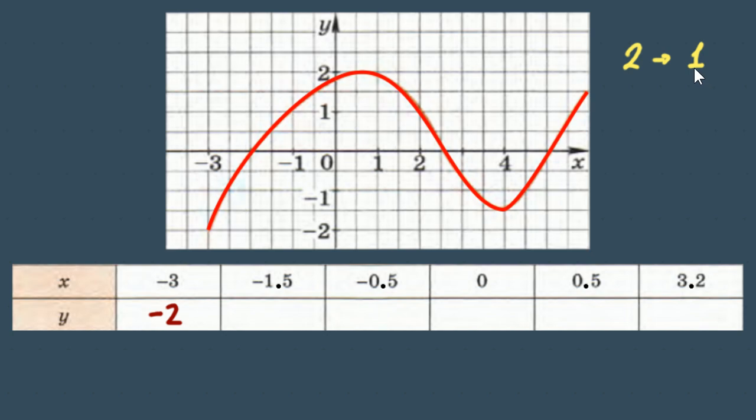Divide it all by 2, and we get that 1 cell will correspond to 0.5. So -1.5 will be here. We also draw 2 perpendiculars, and this point will be 0.5. Next, we draw a perpendicular from this point, and this value is 1.5.